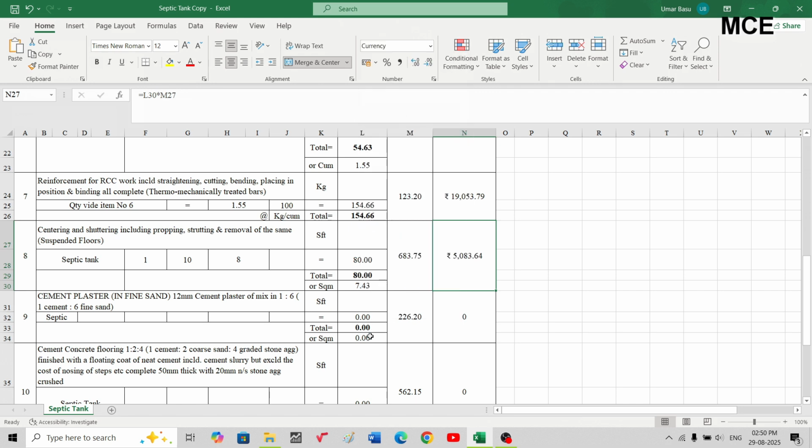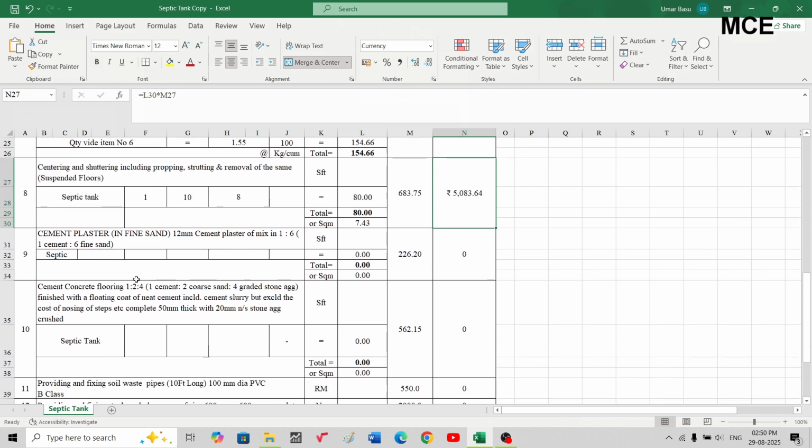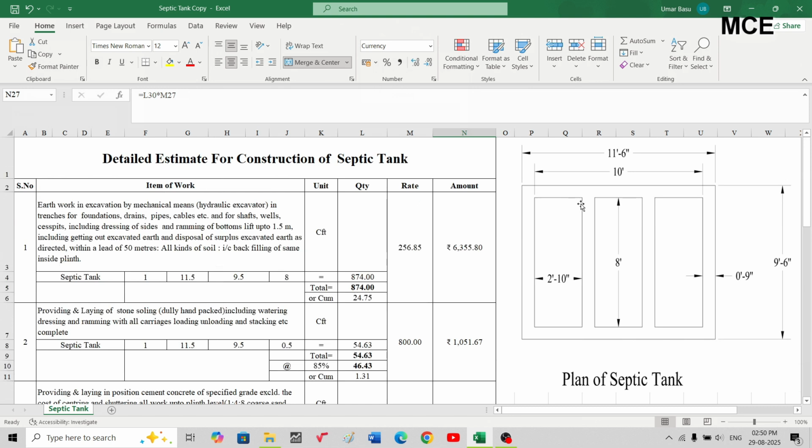Okay, after that you have to do the plastering on the inside of the septic tank. So plastering will be provided for the inside of the septic tank for these 3 compartments. The perimeter of one compartment will be 8 feet plus 8 feet plus 2 feet 10 inch plus 2 feet 10 inch.